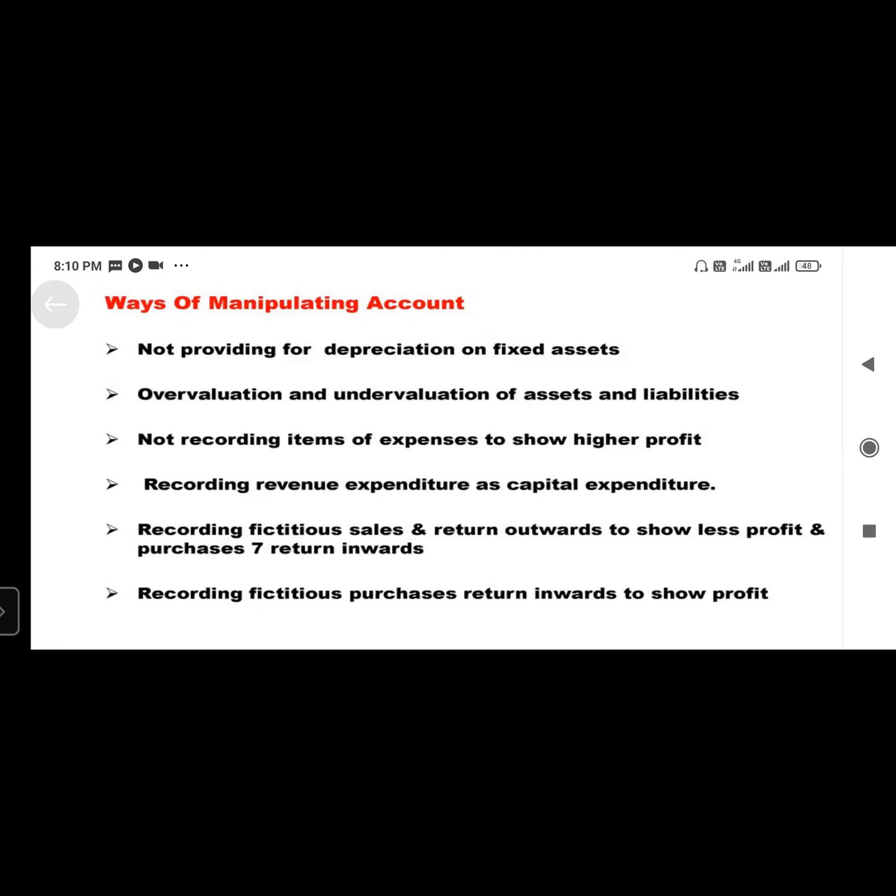Yesterday we had discussed the problems related to implementing the HR policies in an organization related to business ethics. Now, we had also started discussing the problems in the finance department related to business ethics.